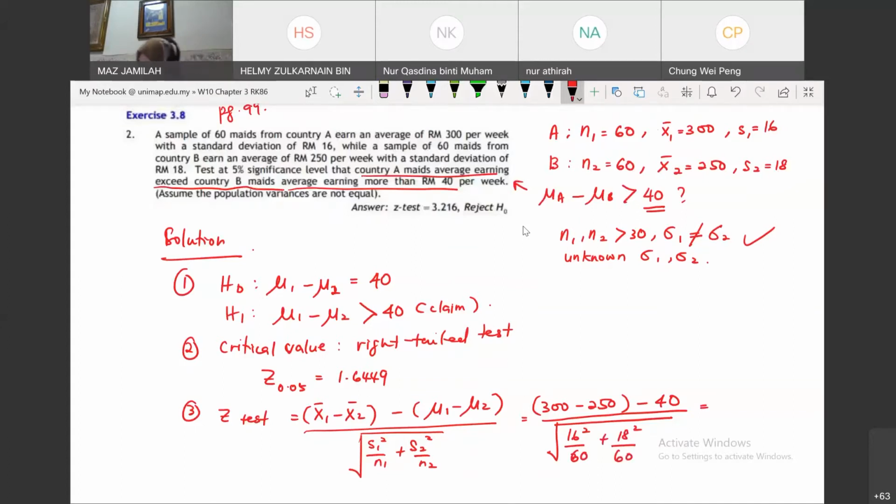So can someone calculate? 300 minus 250 minus 40 divided by 16 squared divided by 60 plus 18 squared divided by 60.